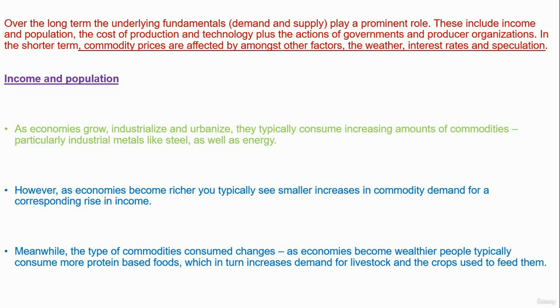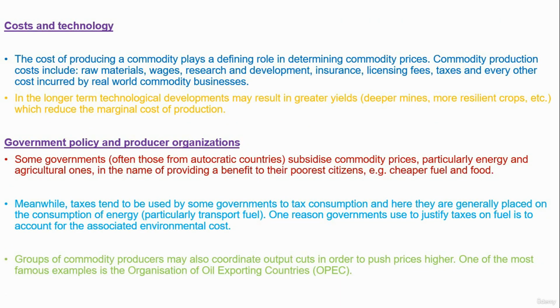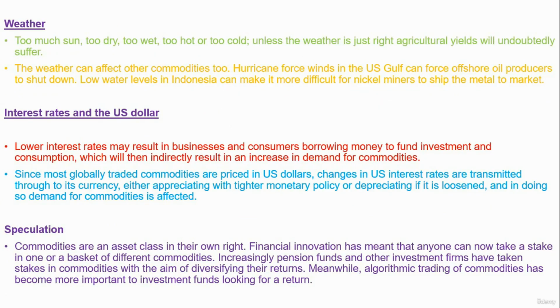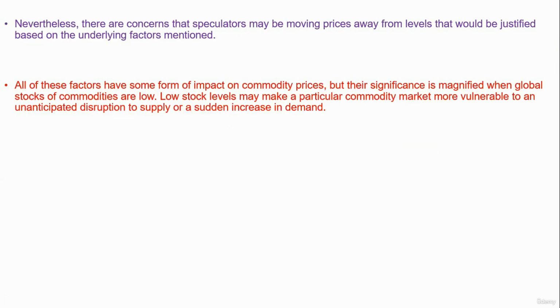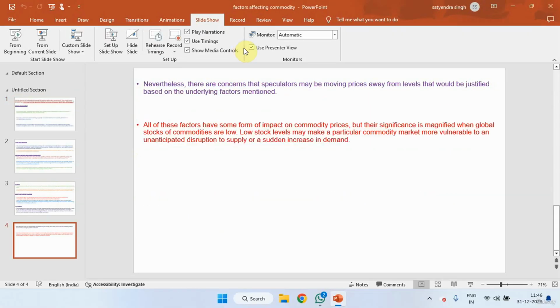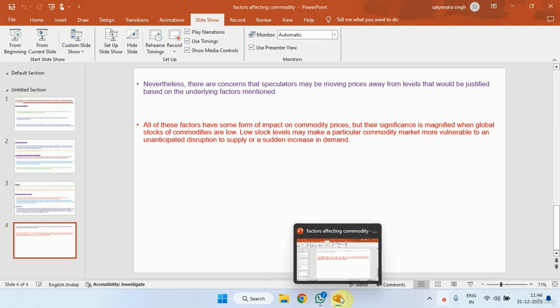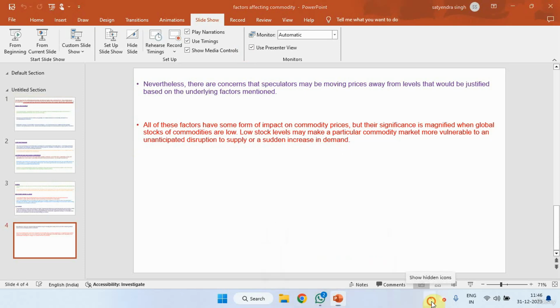The first factor is income and population. The second is cost and technology, government policy and producer organization. These also impact commodities. Then weather, interest rate and US dollar, and speculation. So these we should look into.